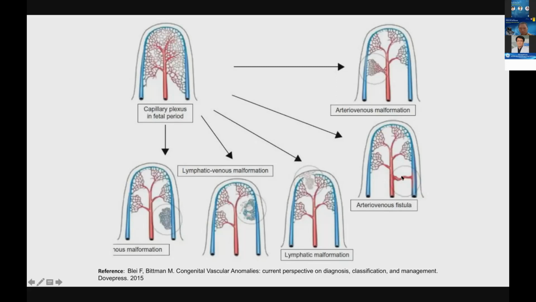There is arterial shunting through the venous part, and lymphatic malformation, and also venolymphatic malformation or venous malformation in this condition.